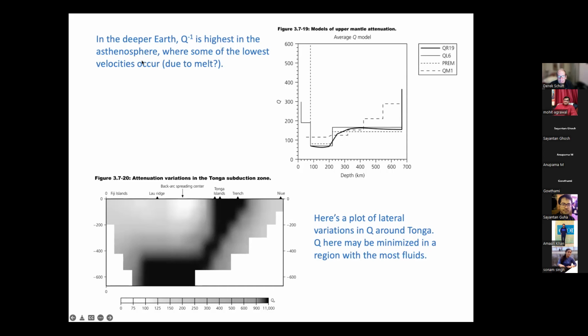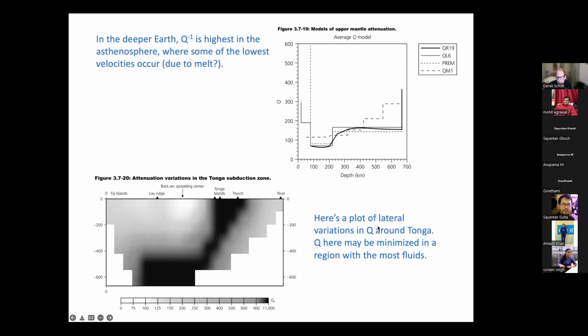And then in the deeper Earth, attenuation is greatest in the asthenosphere, where some of the lowest velocities occur. So here's a plot of Q with depth. What we see is between 80 and 220 kilometers depth, Q is minimized, so that means attenuation is maximized. And here's a plot of lateral variations in Q around Tonga.